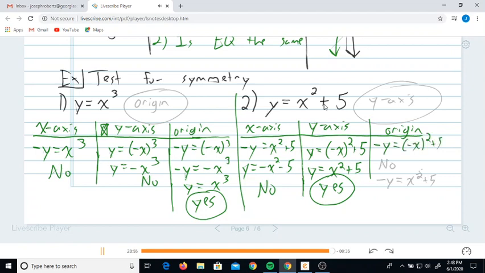And what you end up getting is negative y equals x squared plus 5. So no. So number 1 is symmetric to the origin, and number 2 is symmetric to the y-axis.